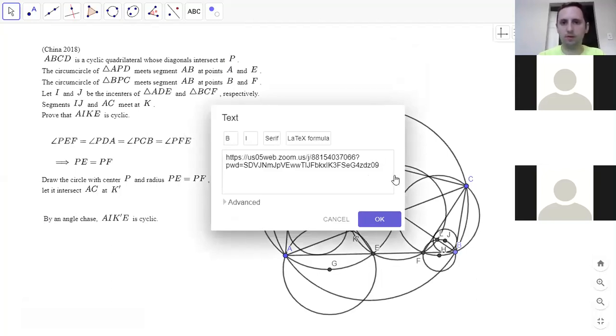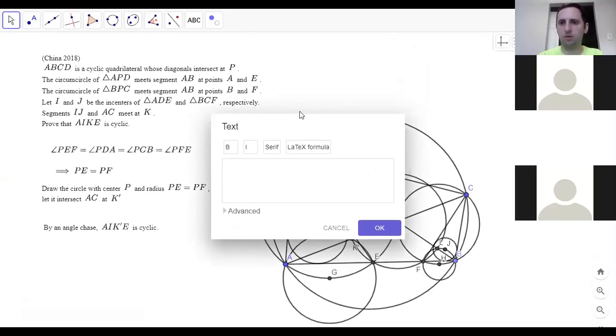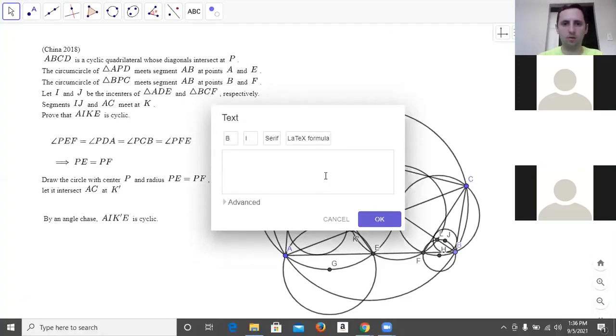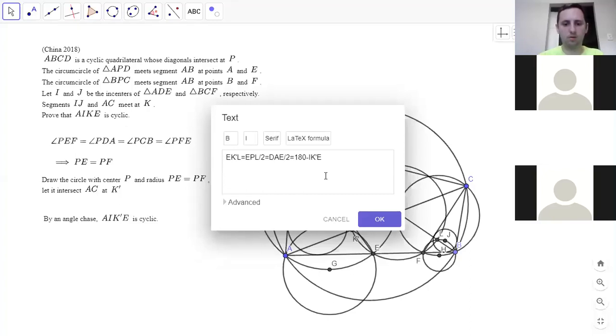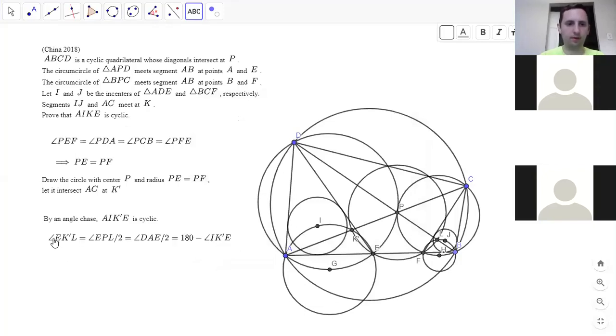Whoops, sorry. So I, K prime, and L are collinear.